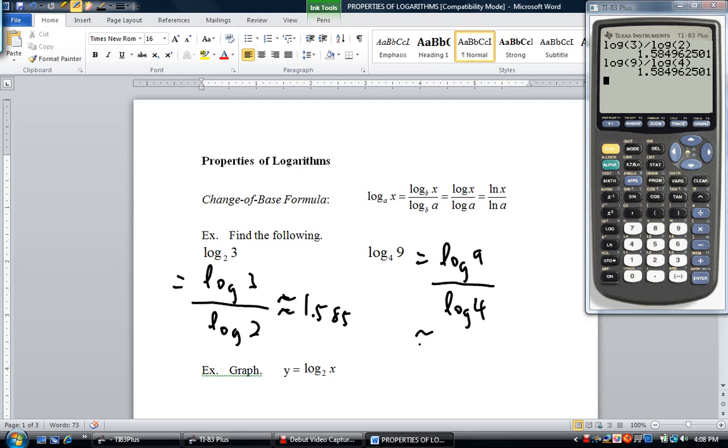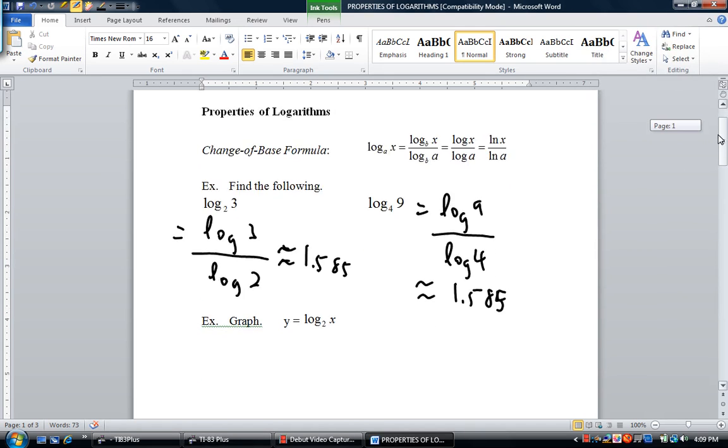And we get approximately 1.585. I just noticed that's the same thing, isn't it? You can also use natural log of 9 divided by natural log of 4. It doesn't matter. You get the same answer. It does not make a difference at all. We'll use either log or ln.